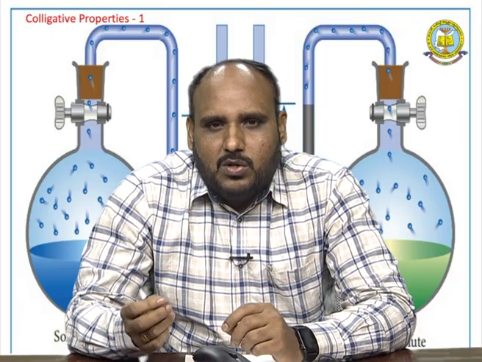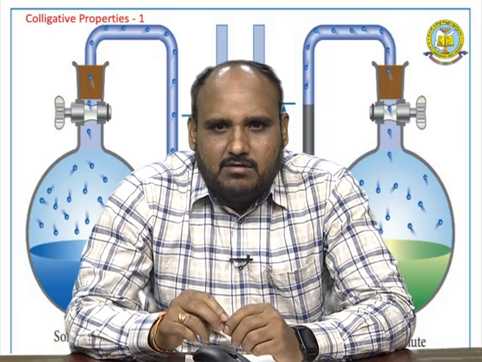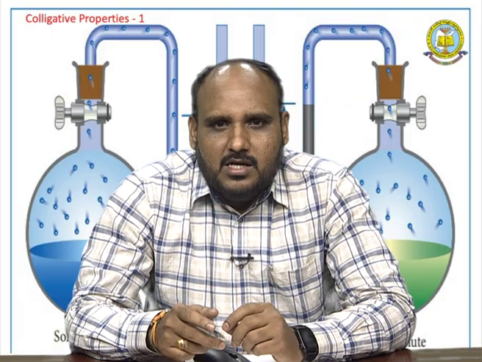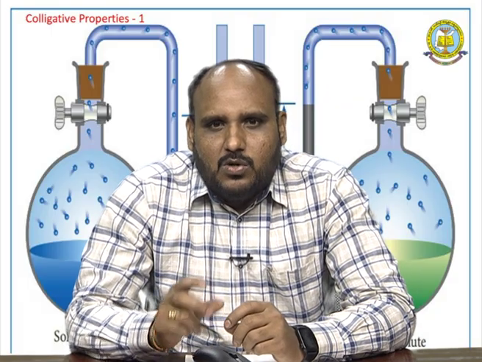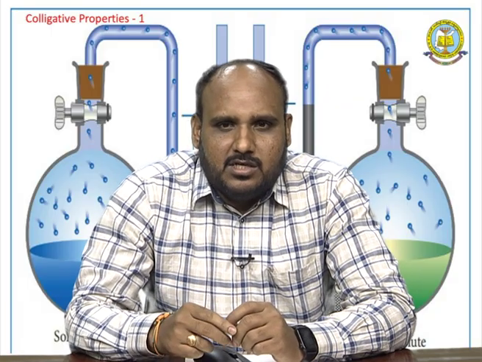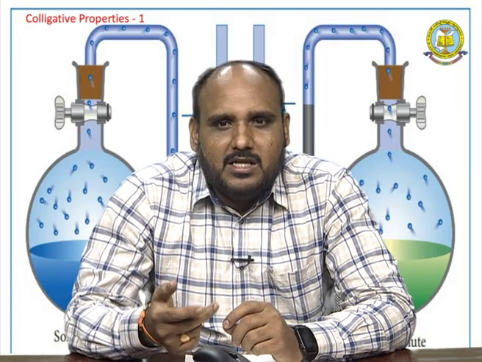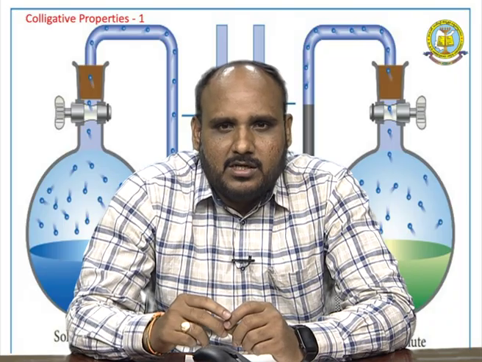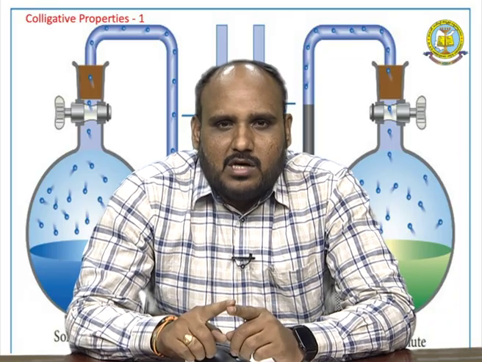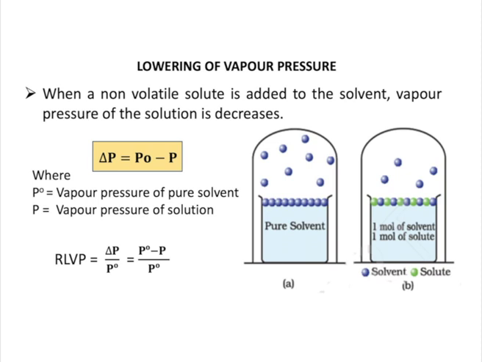When a solute is added to the solvent, it forms a solution, and in that solution the solute is non-volatile in nature. Therefore, the number of vapor molecules will be decreased in the solution compared to the pure solvent. This decrease in the vapor pressure is known as lowering of vapor pressure.